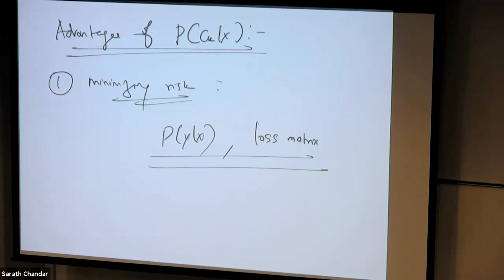However, if you do discriminant-based models, then there is no way to separate P of Y given X and the loss matrix. So every day somebody tells you to change the loss matrix, you have to retrain your entire system again. So this is one place where you can minimize the risk. By risk, we just mean the loss. So you can minimize the risk easily, continuously, by using P of Y given X.